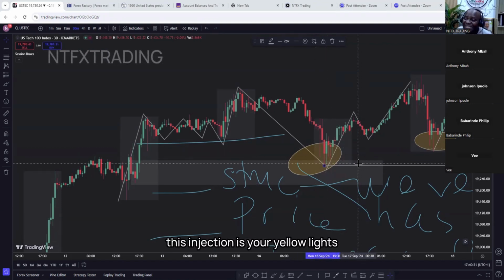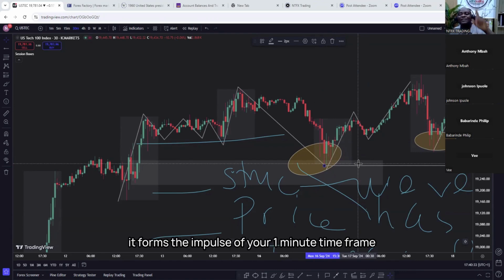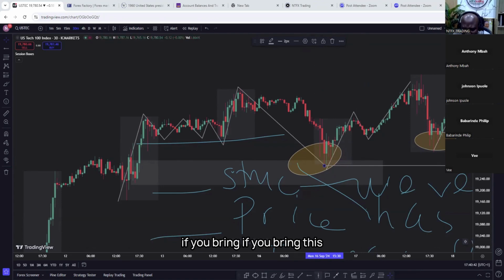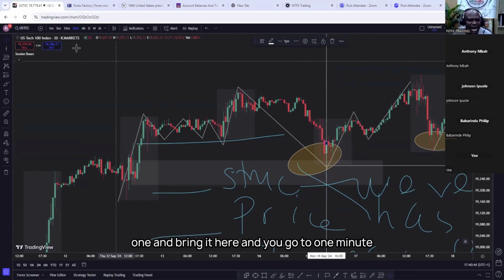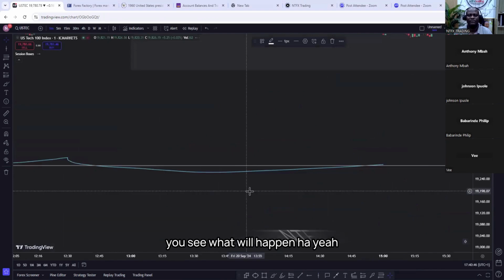This injection is your yellow light. Get ready. And I told you last week, it forms the impulse of your 1 minute time frame. If you bring this one here and you go to 1 minute, you see what will happen.